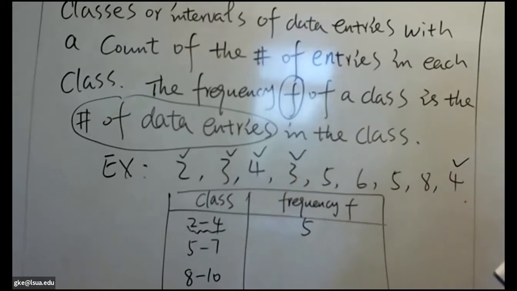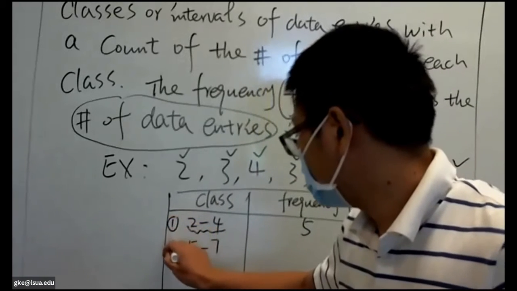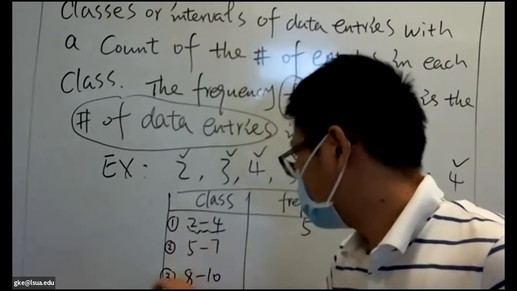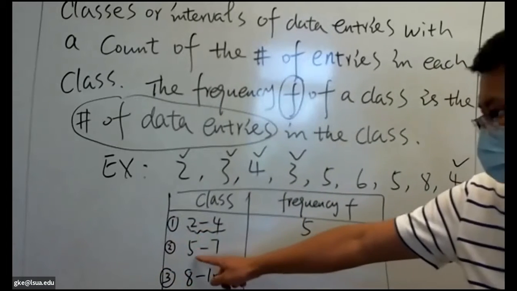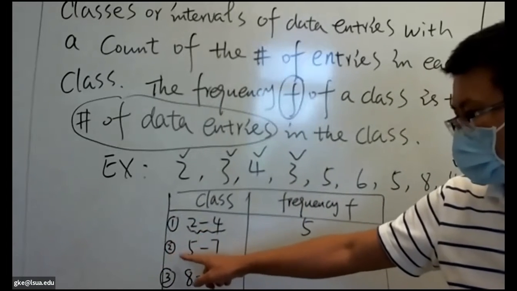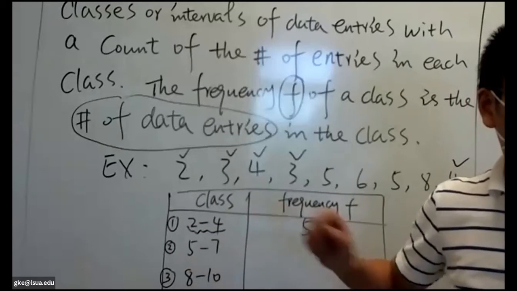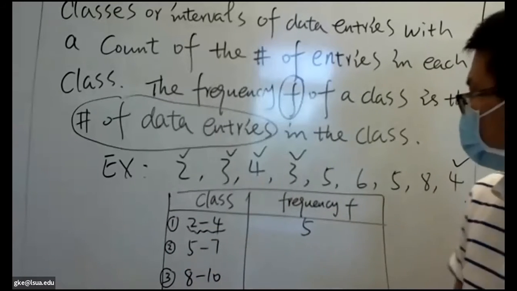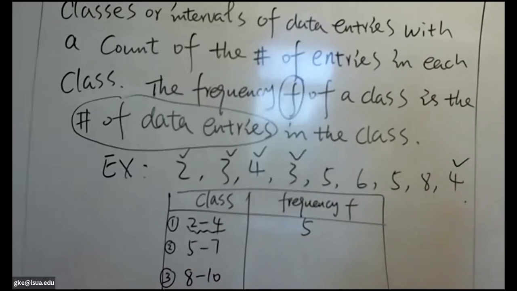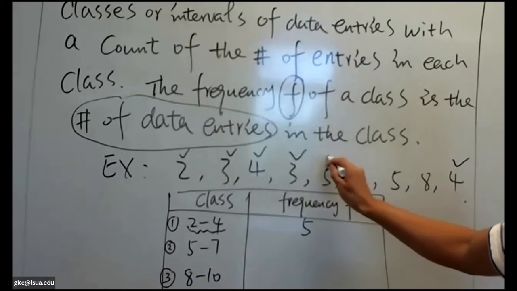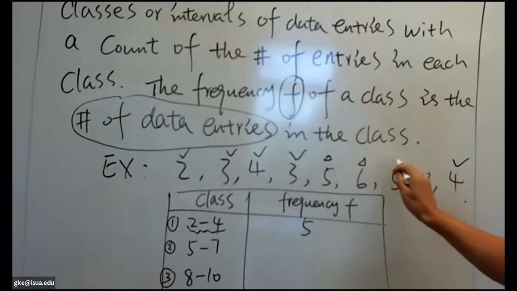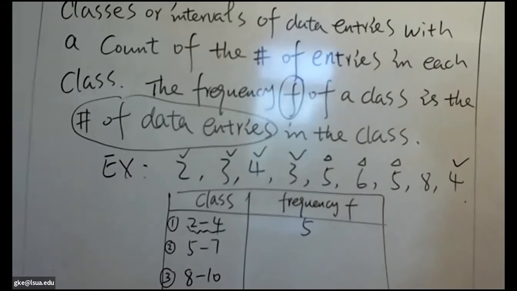Now we can do similar things for class 2. So we have 3 classes. Class 2 is between 5 and 7. Now we're going to count it. This one and this one, we have 3 numbers between 5 and 7.